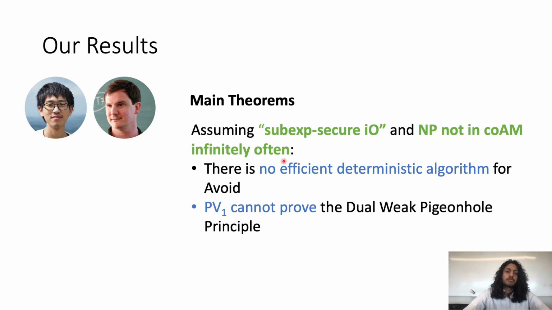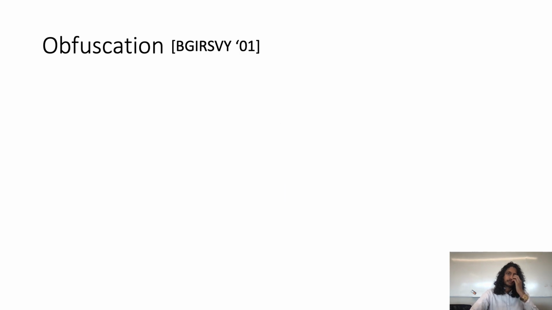Okay, so next we're going to take a brief interlude to talk about obfuscation and define exactly what sub-exponentially secure I/O means. So what is cryptographic obfuscation? This is a line of work that was initiated by a landmark paper of Barak et al. in 2001.